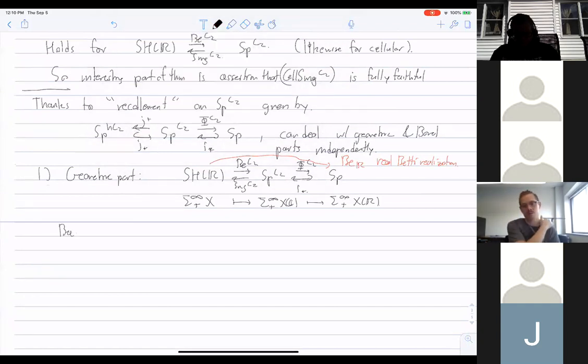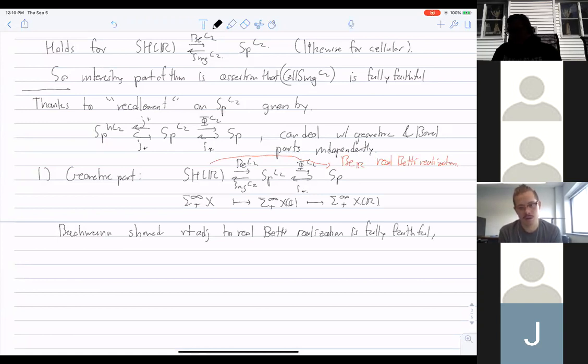Now, Bachmann showed the right adjoint to real Betti realization is fully faithful. Moreover, the localization endofunctor is computed by inverting that element rho in SHR.